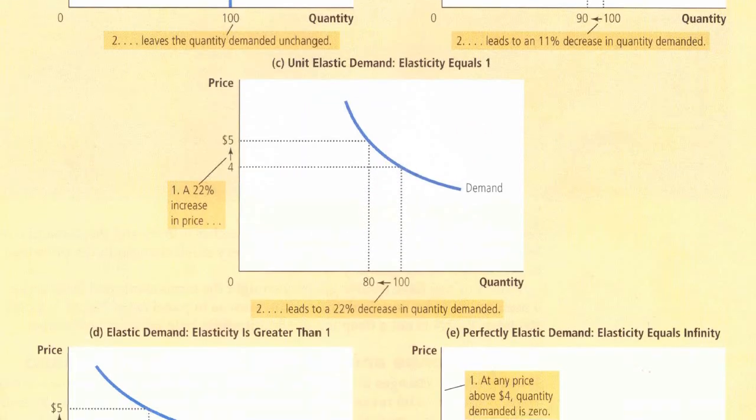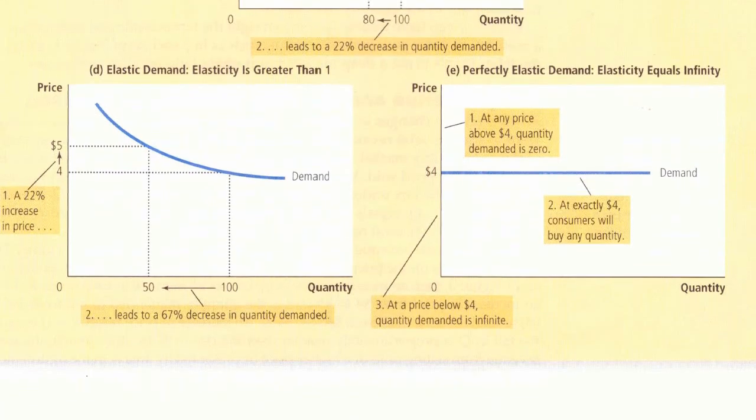Let's see more cases below. Here we can see that we have a $1 price increase, and then we have a 50 decrease of quantity. We have already seen this variation, the price change is 22%.